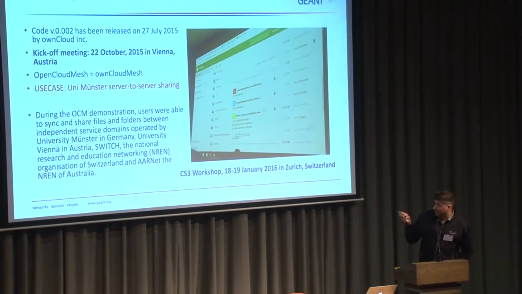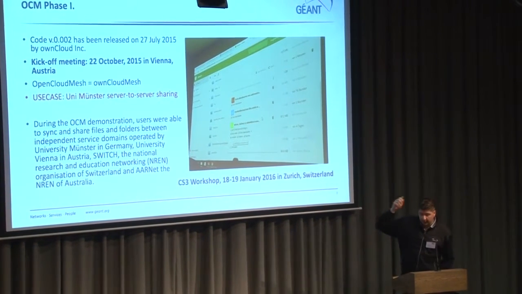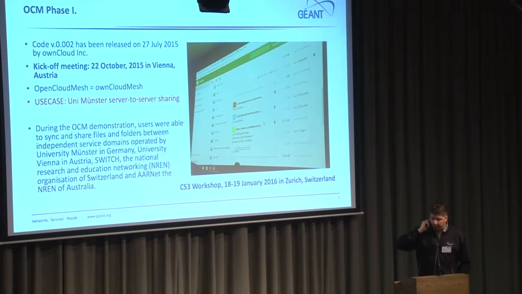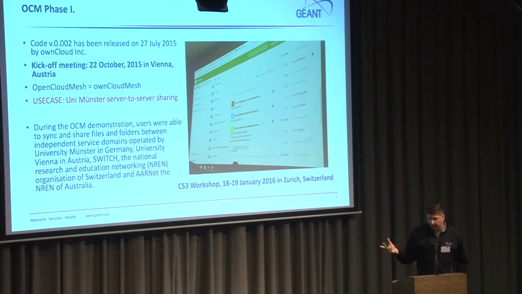And we did that demonstration actually last year, exactly a year ago, at the CS3 workshop in Zurich, where we had 4 different administrative domains. One from Univienna, one from AARNet, Australia, one from CERN, and one from SWITCH, the Swiss NREN, actually sharing files and folders using the actual protocol implementation coming from OwnCloud. Those are all OwnCloud domains, right?